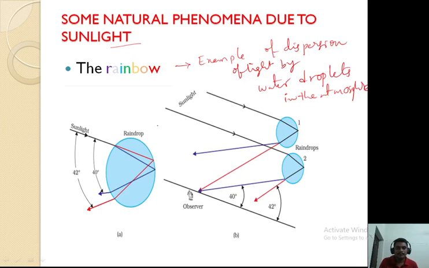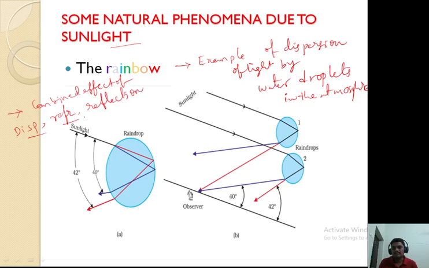The formation of rainbow is a combined effect of dispersion, refraction, and reflection.